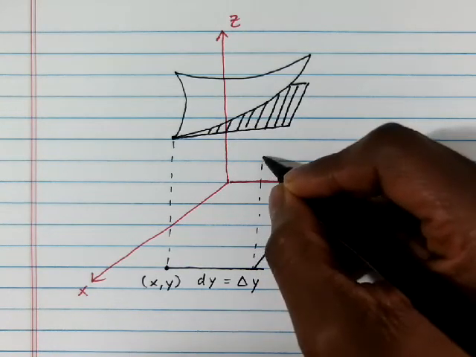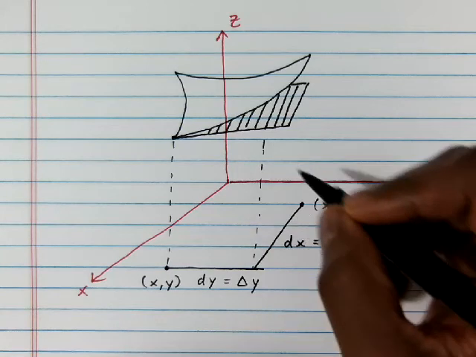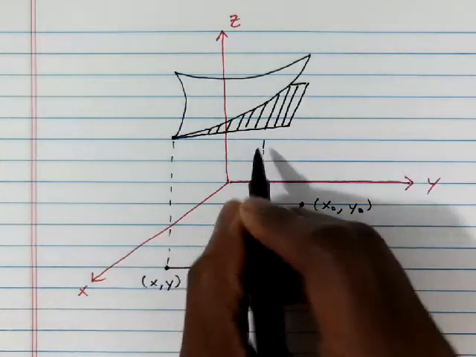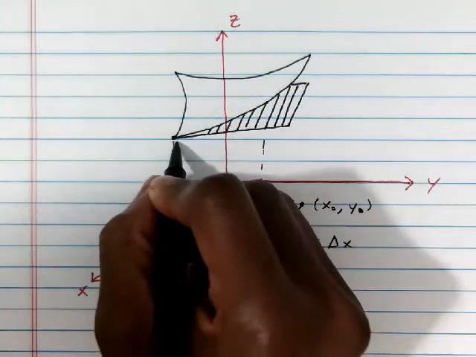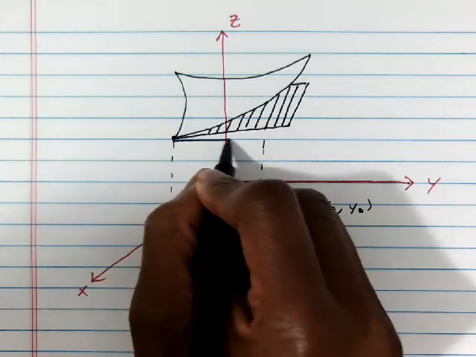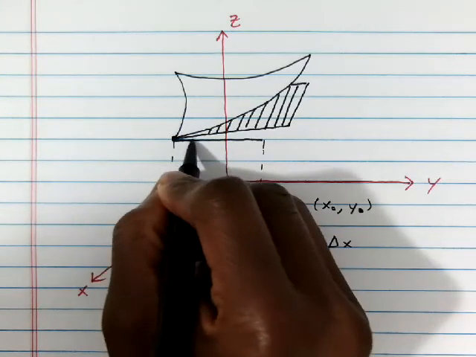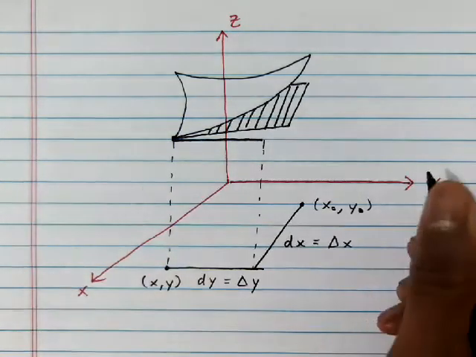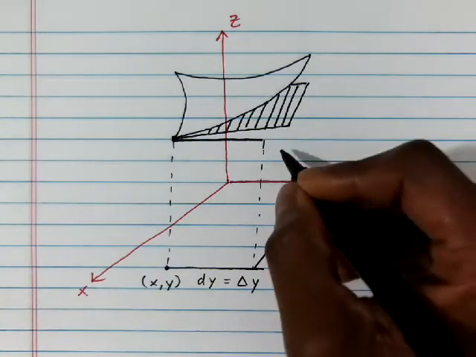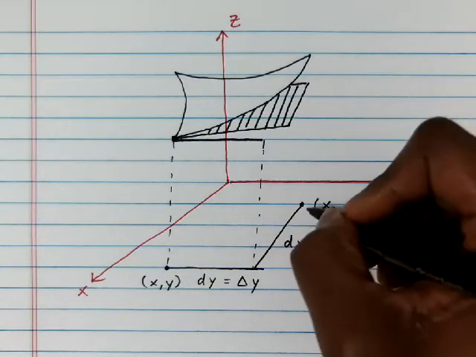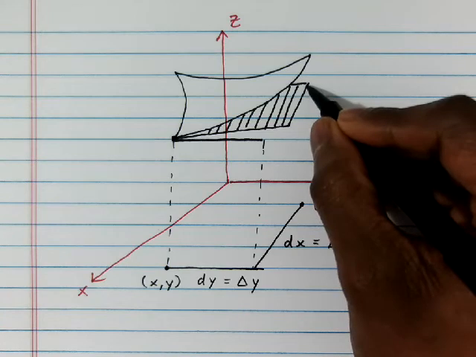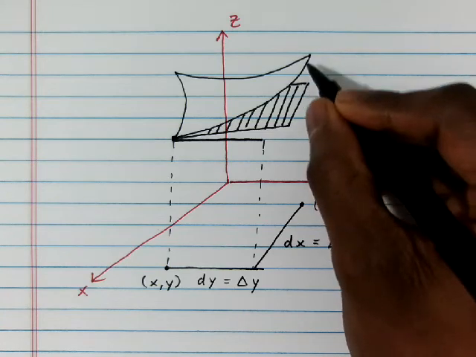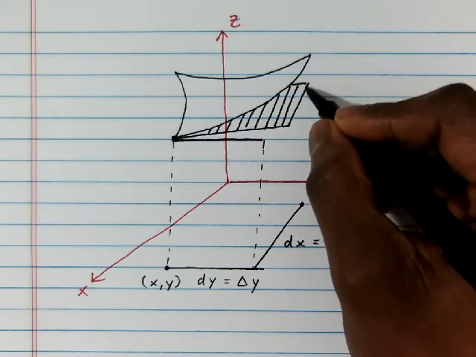Our original height on the tangent plane was right here, so I drew that dotted line up there. That is our original height on the tangent plane and our original height on the surface. They are the same thing. Now our new height on the tangent plane would be right here, and our new height on the surface would be up here. So those two are actually different from one another.